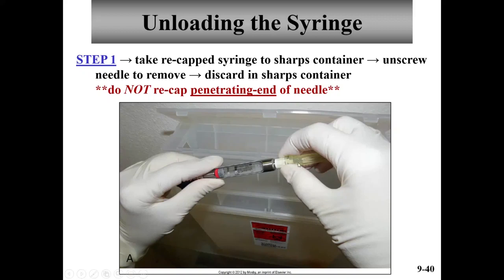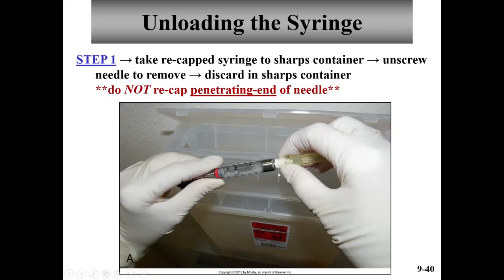So you take the needle protector off first, and you go to the sharps container. Don't be walking around. Don't unscrew the needle and then walk around with a free needle end. The other thing you don't want to do is recap the penetrating end of the needle, because there's no way to safely recap it. So you walk your syringe to the sharps container.